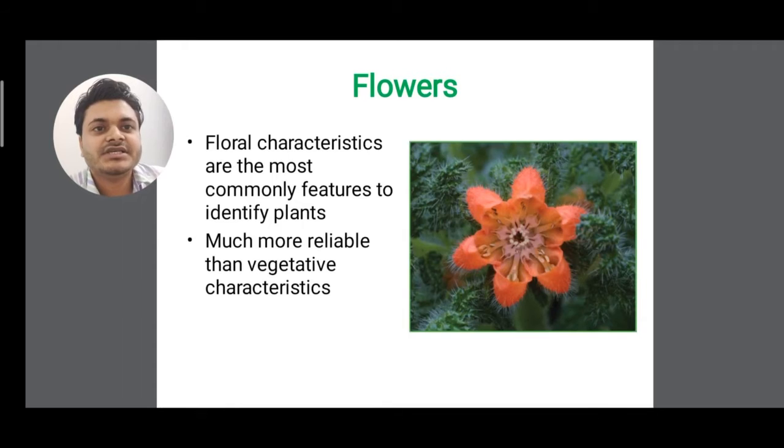Now floral characters are the most common features to identify plants, and much more reliable than vegetative characteristics, because by means of floral characteristics we can determine if it is a male flower or a female flower. If they have androecium only in a flower, it is considered a male flower, and if they have only gynoecium, it is considered a female flower, and if they have both androecium and gynoecium, we consider it a bisexual flower.